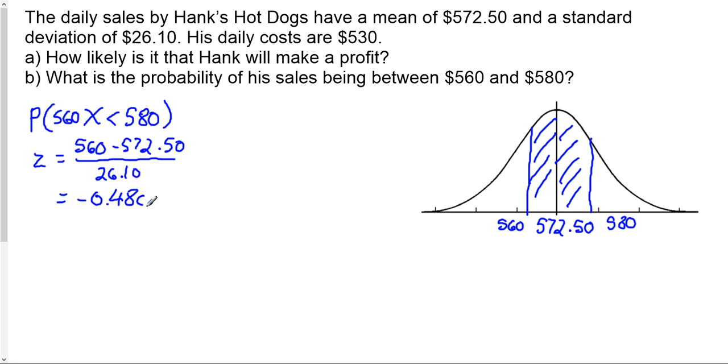Okay, and this is in standard deviations, again below the mean. Our other z-score is going to be 580 minus our mean, 572.50, divided by 26.10, and we are going to get 0.29.